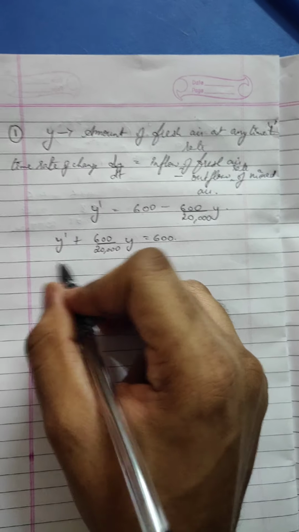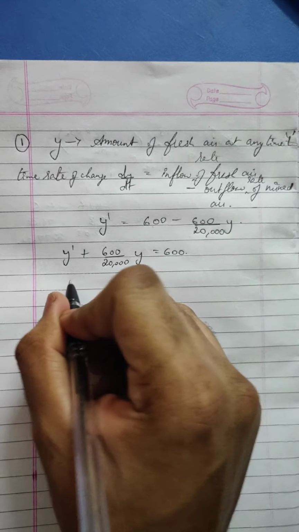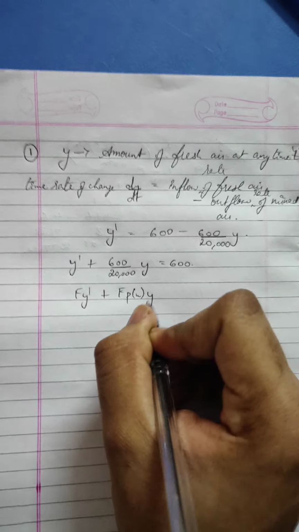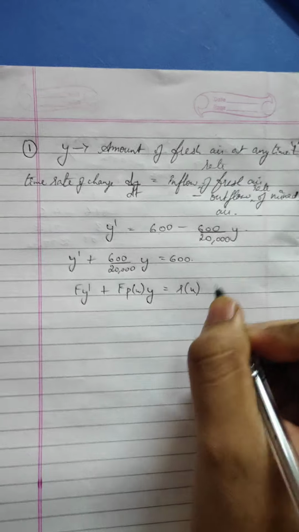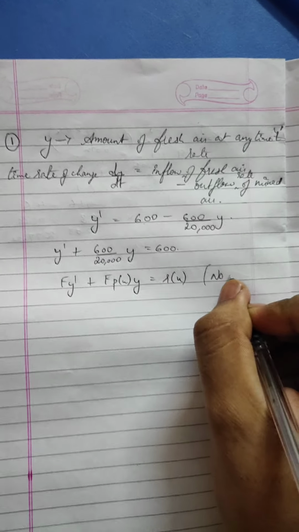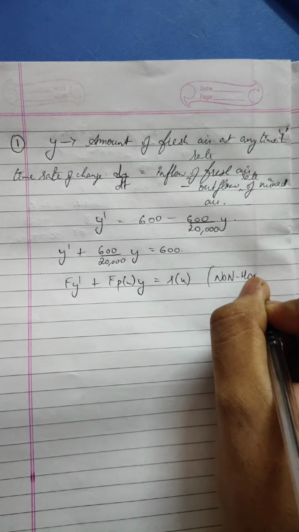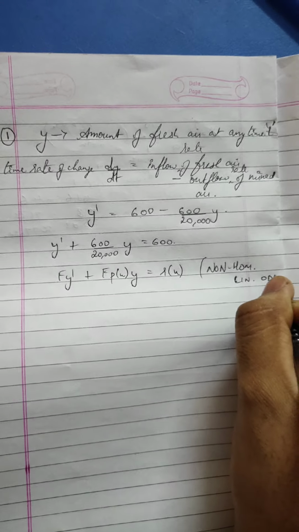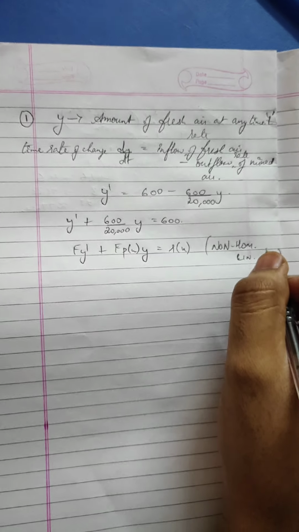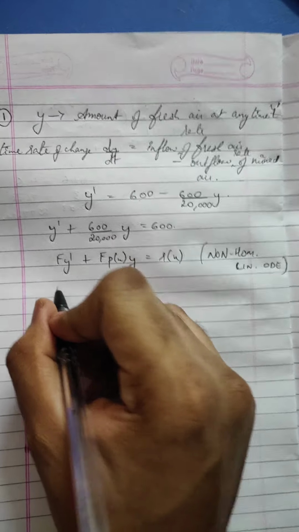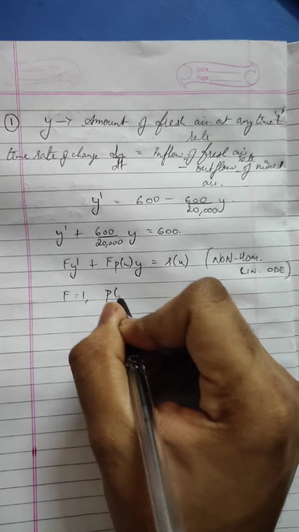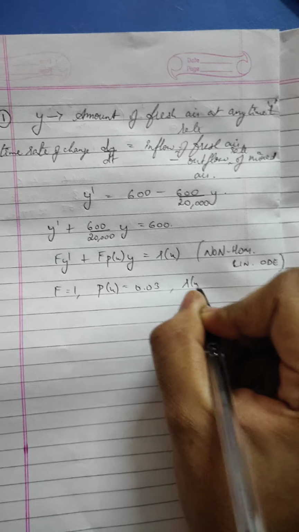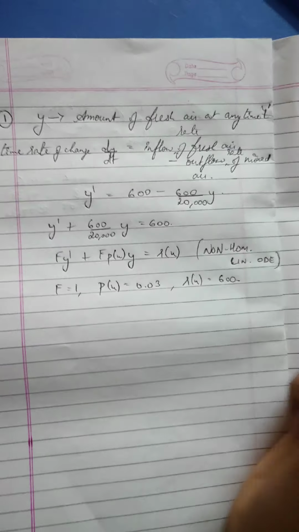Now comparing this with the general equation, which is f y dash plus f p of x y equals r of x. This is nothing but a non-homogeneous linear ODE. Okay. Now here f is 1, p of x is 0.03, and r of x is 600.